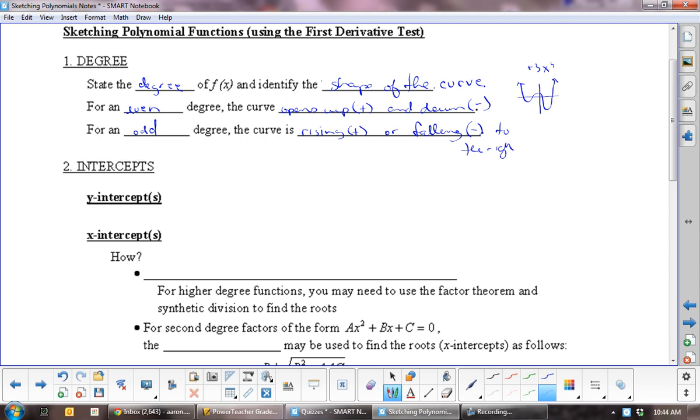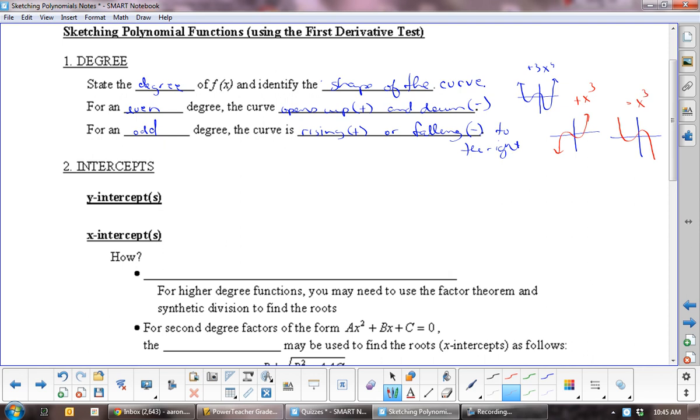So as you read left to right, so this would be like a positive x cubed, right? It's rising the whole time as you go left to right. If that was a negative x cubed, it would be falling as you go, so that would do something like that if it was negative x cubed.